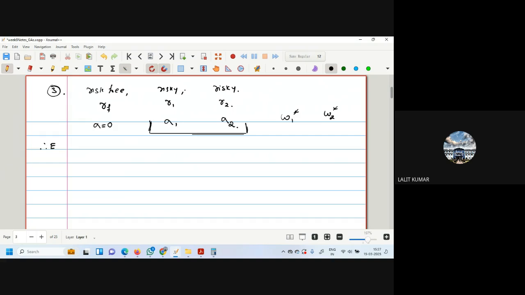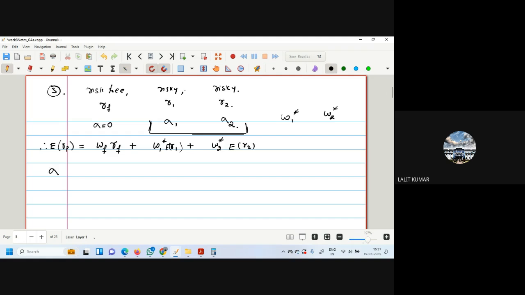Then the expected return will become W of F into RF plus W1 star into expected R1 plus W2 star into expected R2.